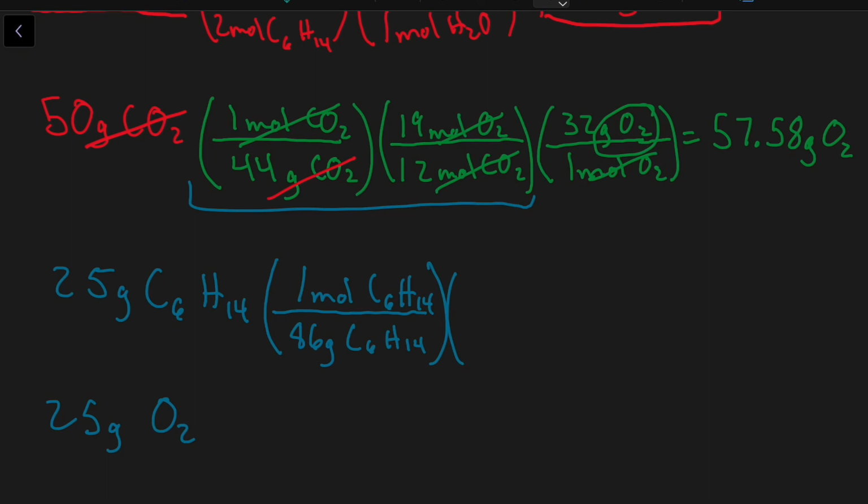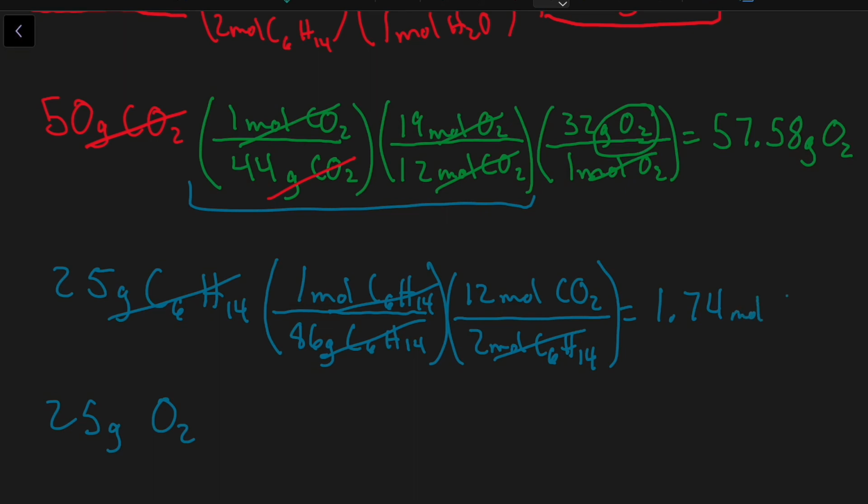The mole ratio is 12 mole of CO2 with 2 mole of the C6H14, right? So again, after the calculations and cancel the units that we don't need, we get 1.74 moles of CO2.